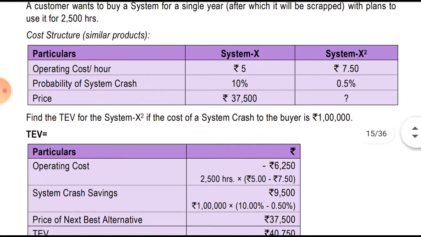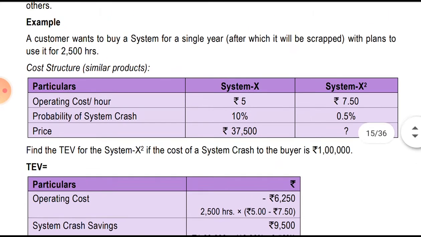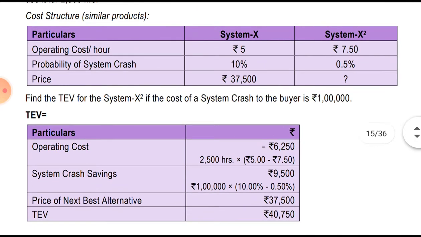To calculate the other two, operating cost will be 7.5 minus 5, the operating cost difference, into the number of hours, that is 2500, so that will be the cost. The probability of system failure will be reduced, so that will be 1 lakh multiplied by 10 minus 0.5, that is 9.5, so 9500.